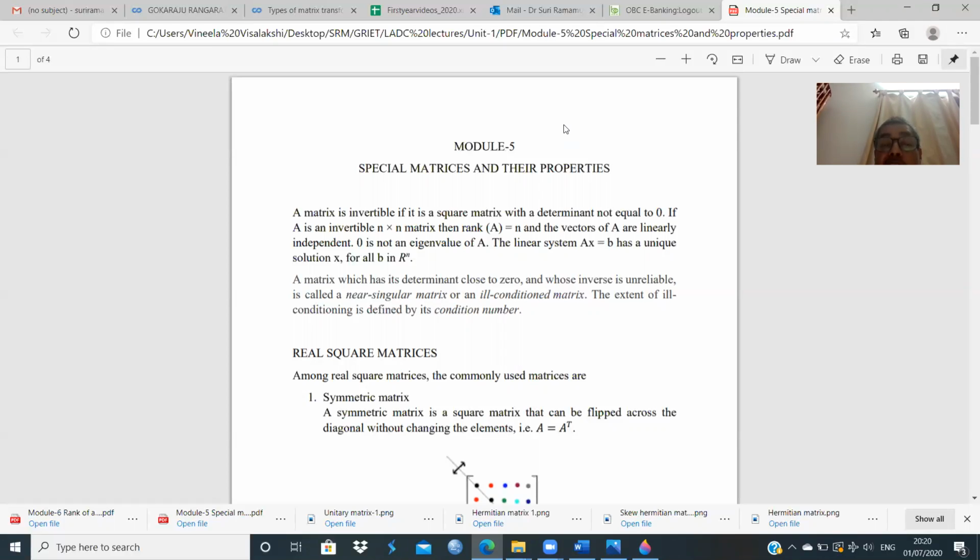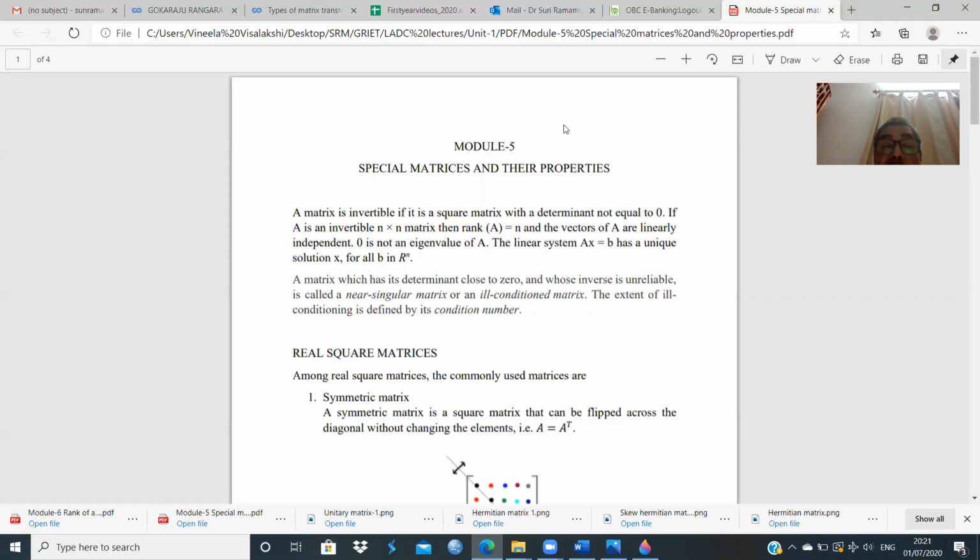So this is a very powerful statement, and there is one matrix which we shall call a nearly singular matrix, or a near singular matrix, or an ill-conditioned matrix. Such a matrix will have a determinant very close to 0 and its inverse is unreliable.